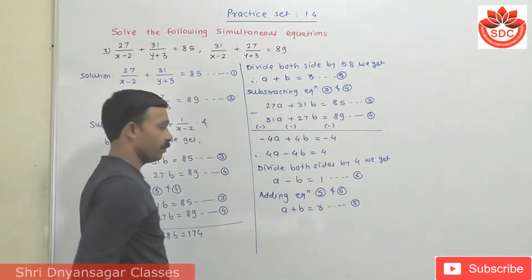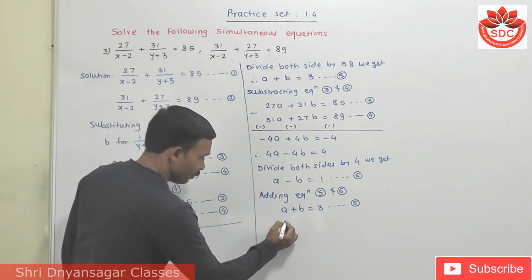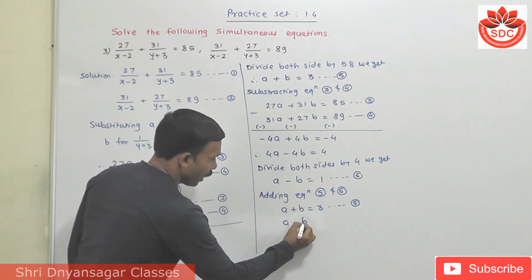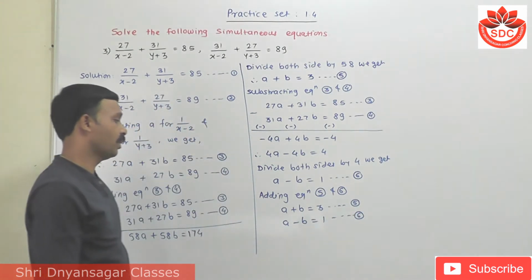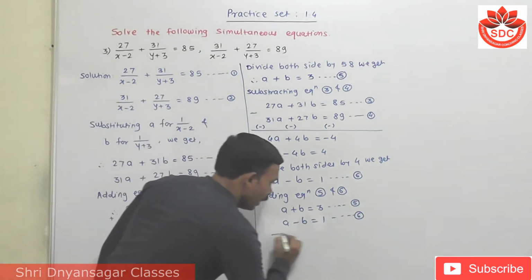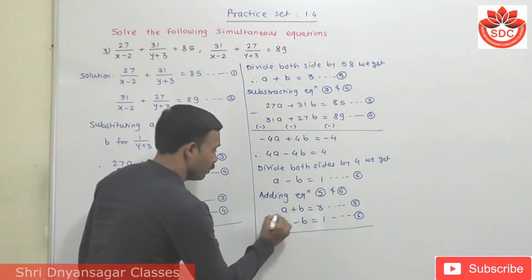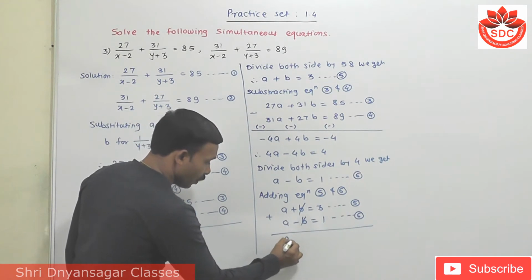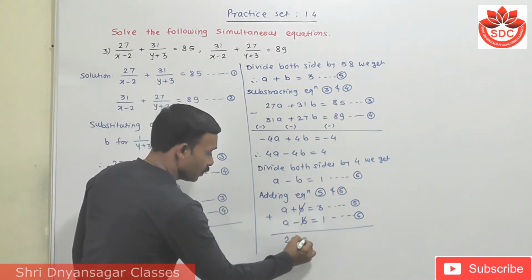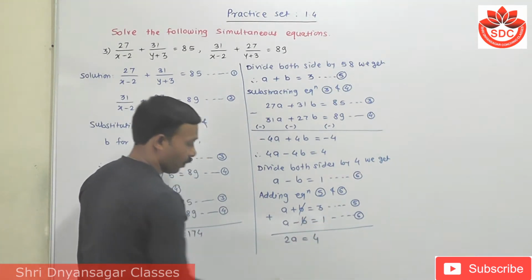Equation 6 is a minus b is equal to 1. We add, and the b gets cancelled, so a plus a becomes 2a is equal to 3 plus 1, which is 4.